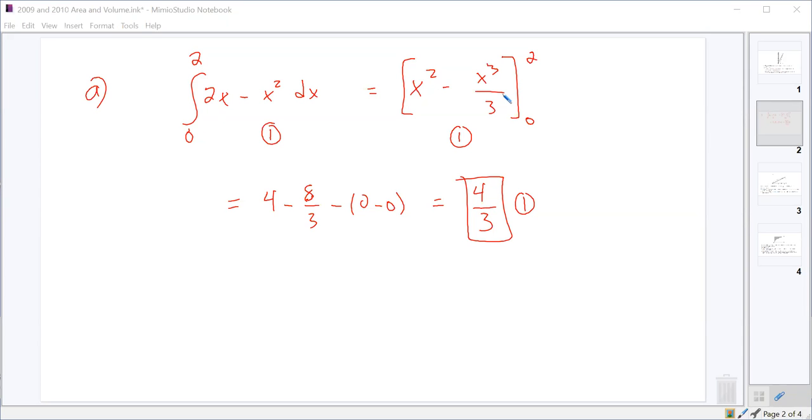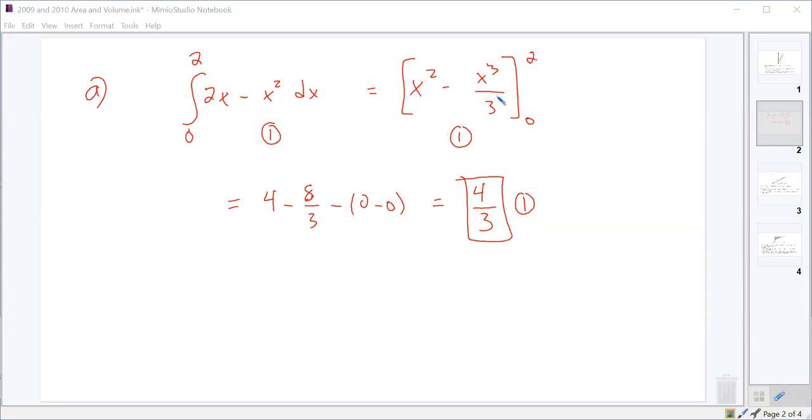So just make sure you don't forget the dx. But chances are if you forgot the dx, you've got a 50-50 shot of them giving you that first point. They'd still give you the other 2 points, so you could still get 2 out of 3 on it.